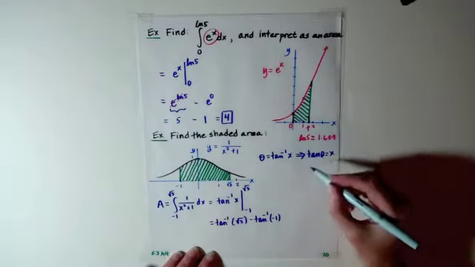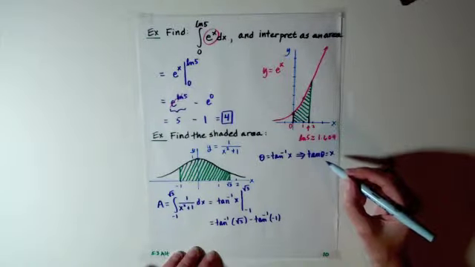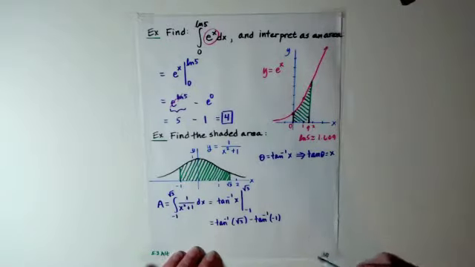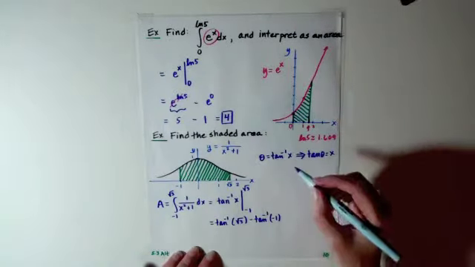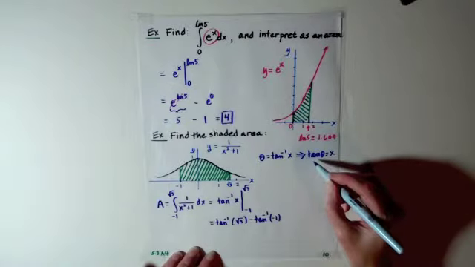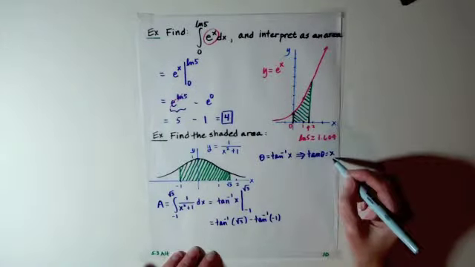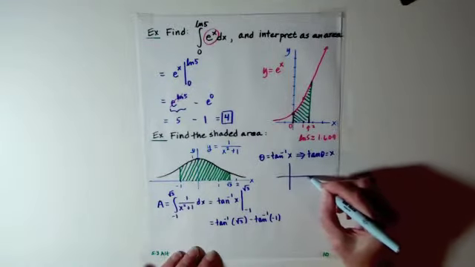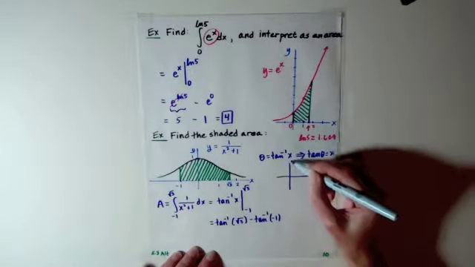Remember also, though, that all of our inverse trig functions had restrictions on their domains and their ranges. So I'm looking for an angle theta whose tangent is x, but I must choose an angle theta that is in a certain range.